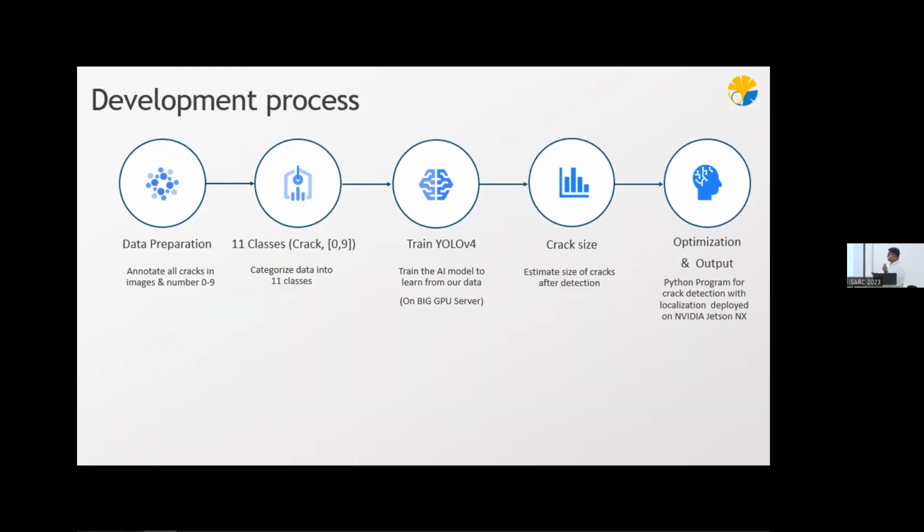So the development process for the machine learning was rather straightforward. First step was data preparation. We collected a lot of images from the construction site, and then we divided it into 11 classes. The first class is the damage, the crack itself, and then we are detecting the numbers between 0 to 9 because there are markings done on the conveyor belt at every meter.